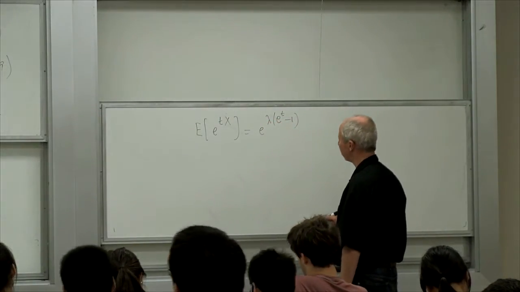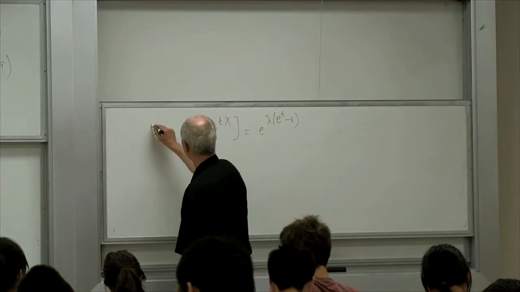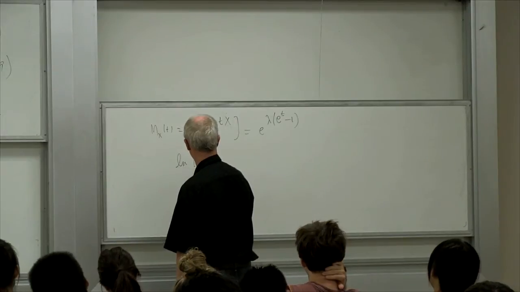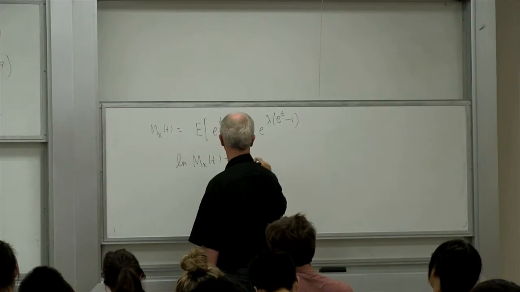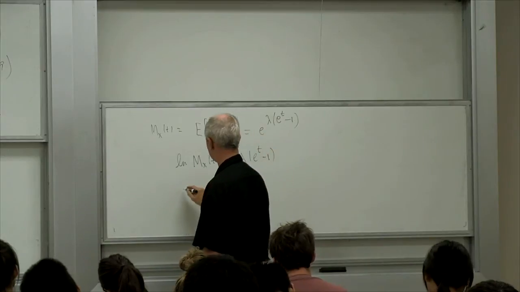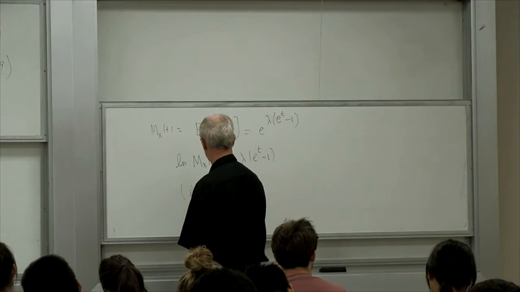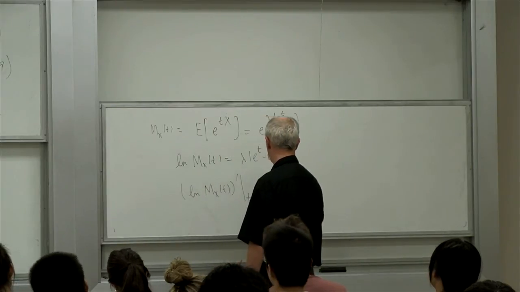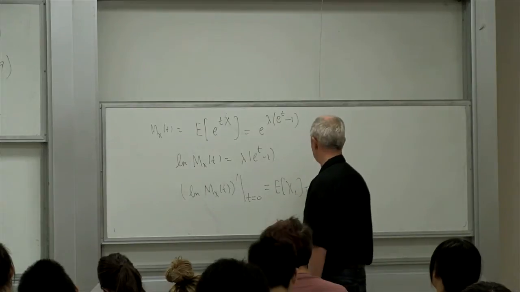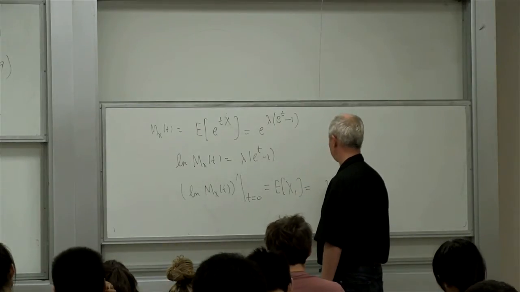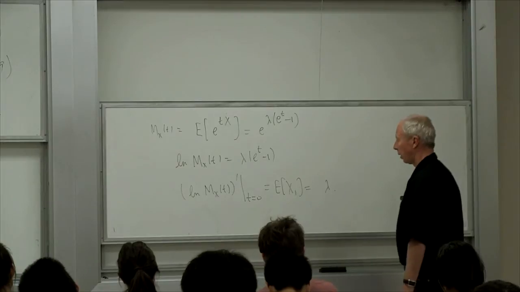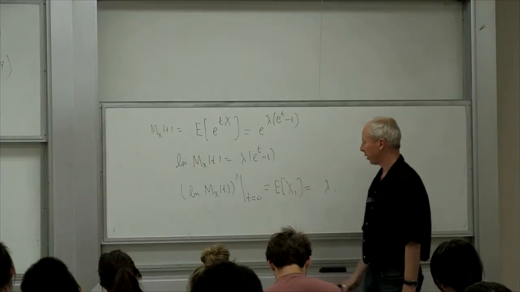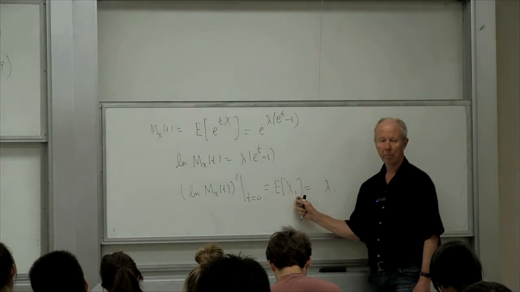If I take the log of this, the derivative of the log of the moment generating function evaluated at 0 is the expected value of the random variable.